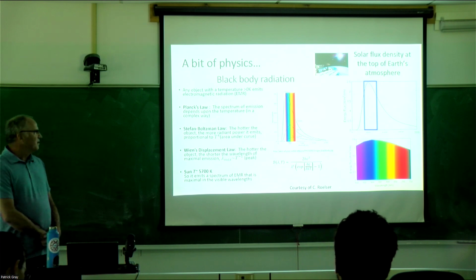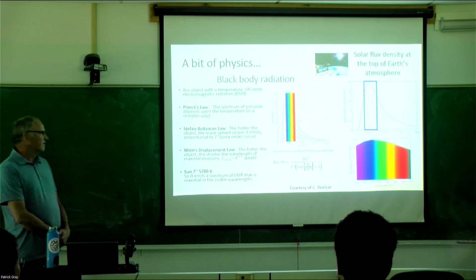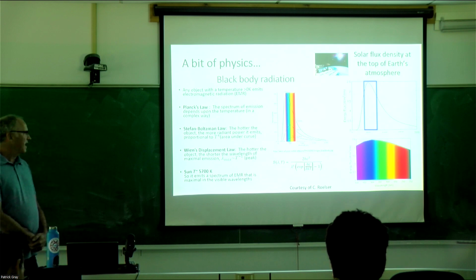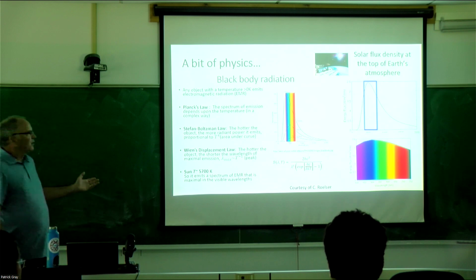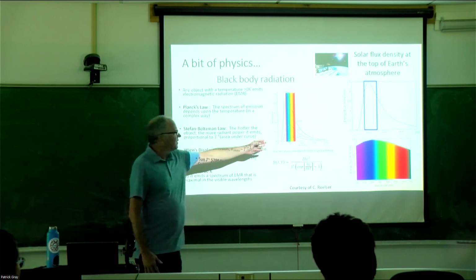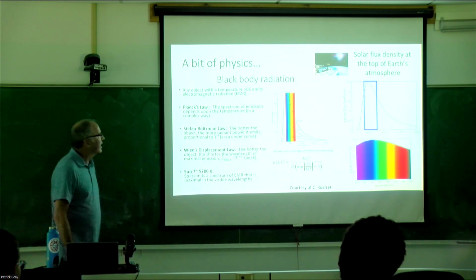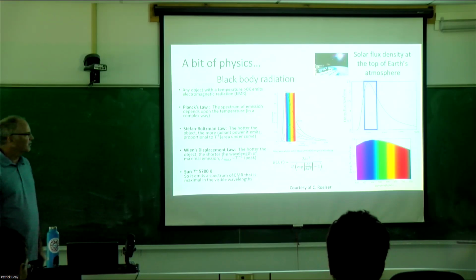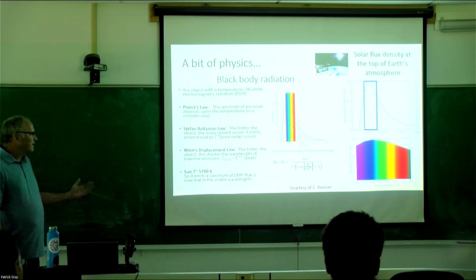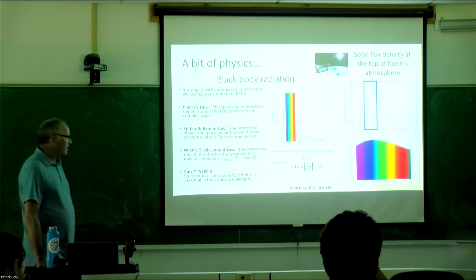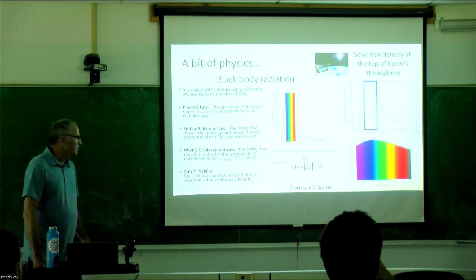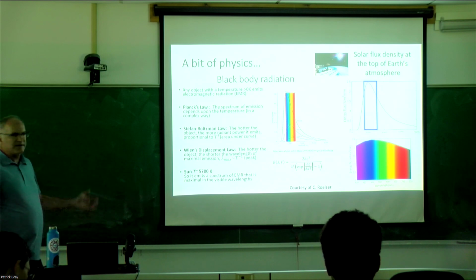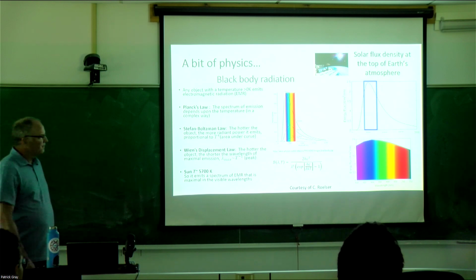Wien's displacement law, the hotter the object, the shorter the wavelength of light of maximum emission. So this is basically what the black body radiation looks like, with an overlay of where the visible spectrum is. So our sun basically is running about 5,700 Kelvin, so it emits a spectrum of EMR that is in this maximal range of wavelengths.